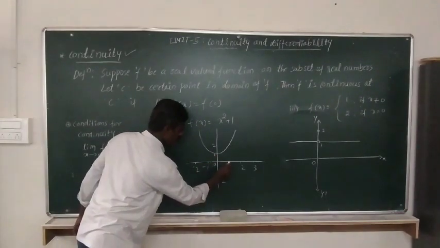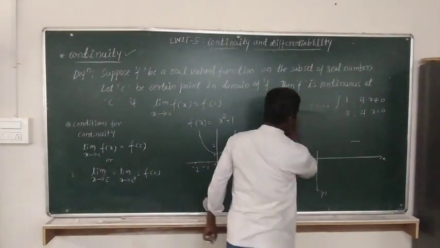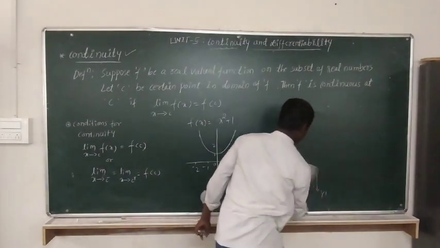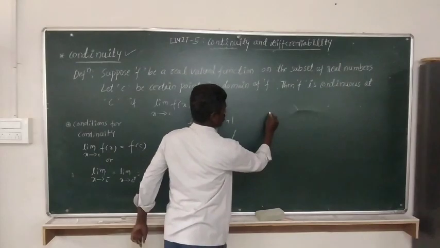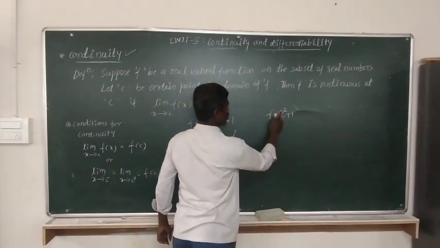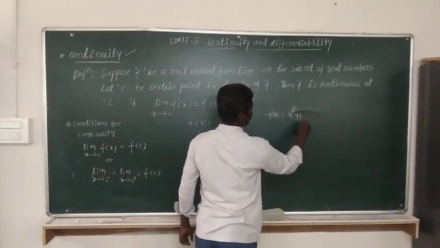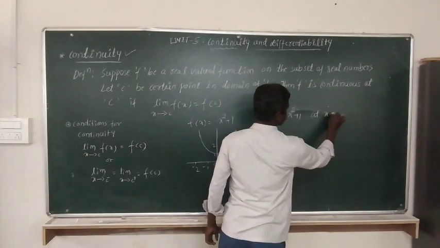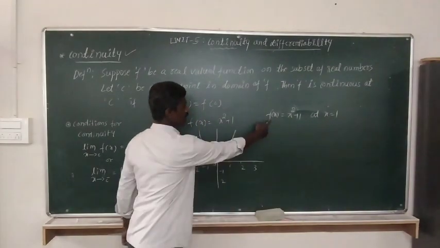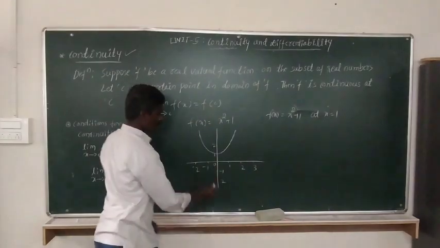Now check the continuity of the function f of x equals x square plus 1 at x equals 1.